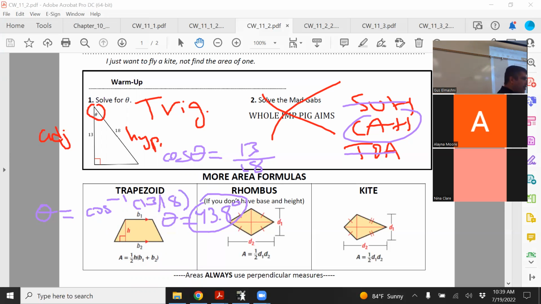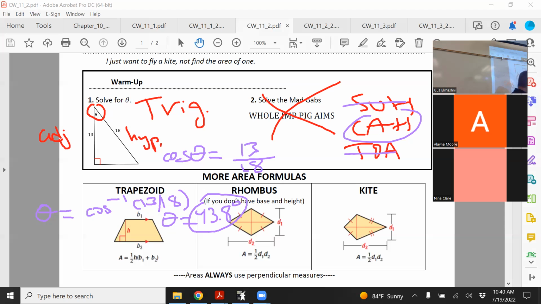This rectangle will be B1 times H. Assuming this were an isosceles trapezoid, you would subtract B2 from B1 and split that difference between these two legs here. If you combine everything, just trust me, it comes out to that. So that's what that is.